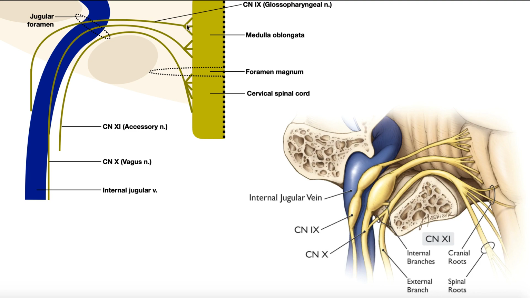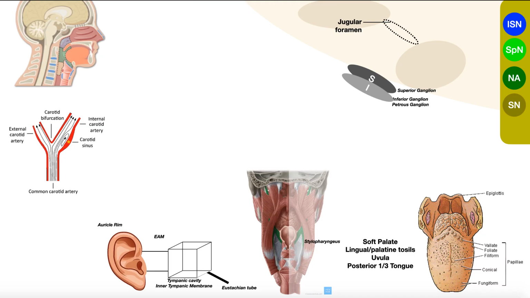You could think of each of these roots as coming from a separate nucleus within the medulla oblongata. What do I mean by that? Well, I'll foreshadow this. Within the medulla, there's a bunch of nuclei right here. For example, this one on top is the inferior salivatory nucleus. We've got the spinal nucleus of cranial nerve 5, the nucleus ambiguus, and the solitary nucleus right here.